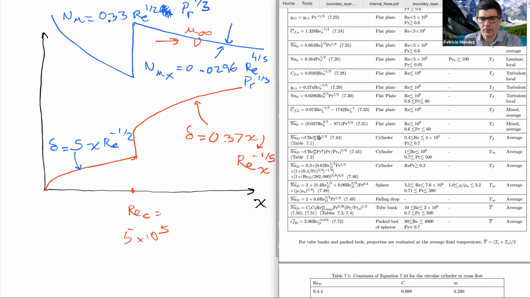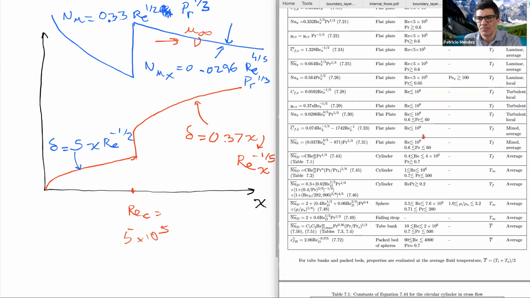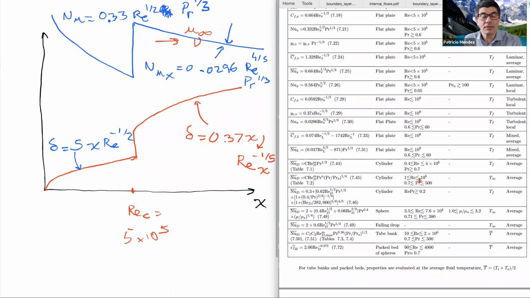Okay, I got Prandtl already. Reynolds, well, for Reynolds, I need to calculate it. And it says Reynolds D, of diameter. I would use the Reynolds number using the diameter as a characteristic value. Once I get Reynolds and Prandtl, I need to make sure they fit within this range of validity of the correlations. Many of these correlations were made empirically. So they say, in this range, I give you this formula that is going to work well. Outside this range, you're on your own.